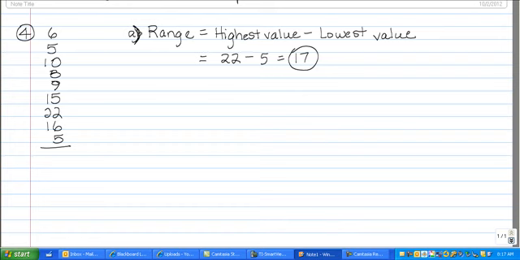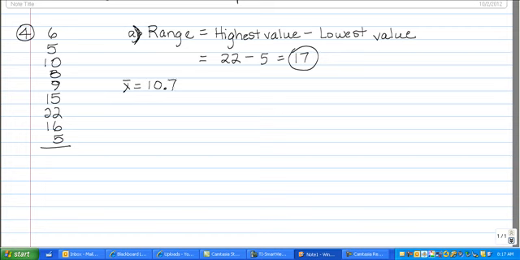And 1, 2, 3, 4, 5, 6, 7, 8, 9. 9 values, so we'll divide by 9. I'm getting 10.6 repeating. So let's just call that a 10.7.